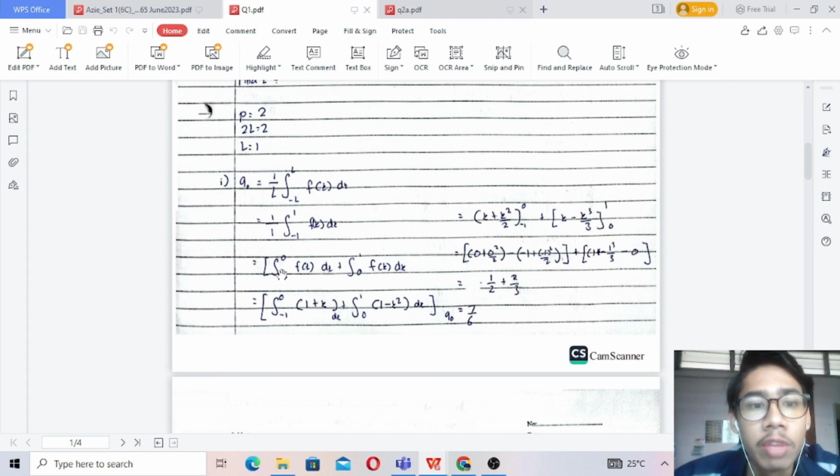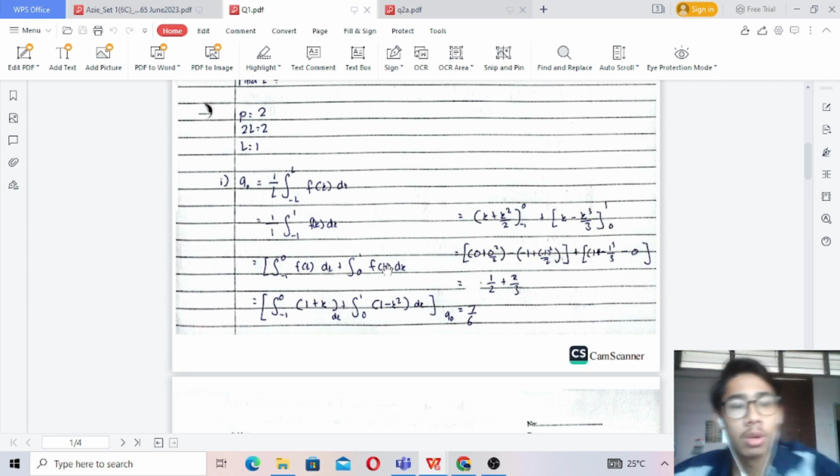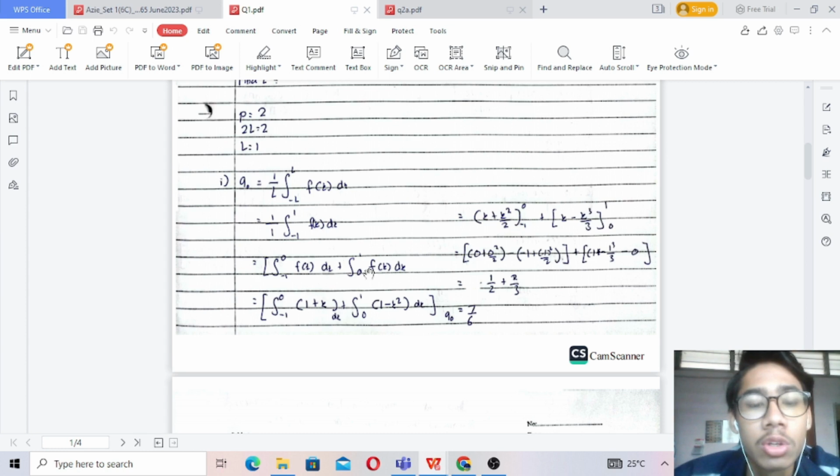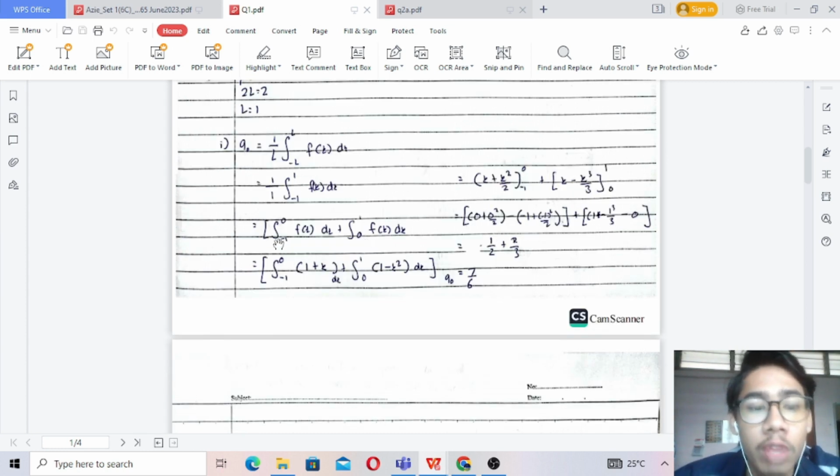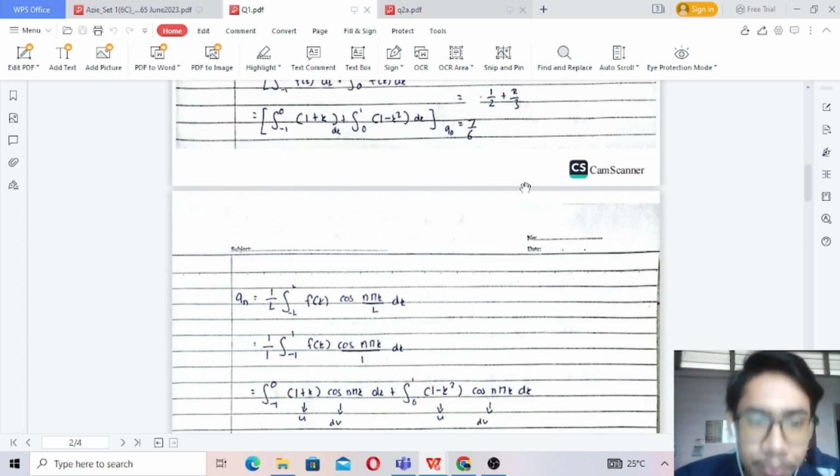We put in the values: L is 1, and the upper and lower limits are 1 and negative 1. Since we have two functions, we do it for each one: the integral from negative 1 to 0 of 1 + x, and from 0 to 1 of 1 - x squared, dx. Then we do the calculation and get 7 over 3 for a naught.